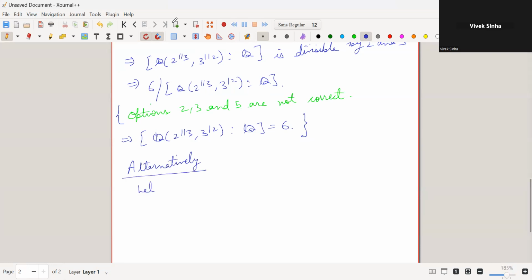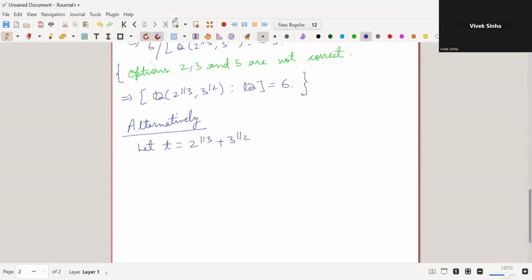let t be 2^(1/3) plus 3^(1/2). Now you try to find a polynomial which is satisfied by this.